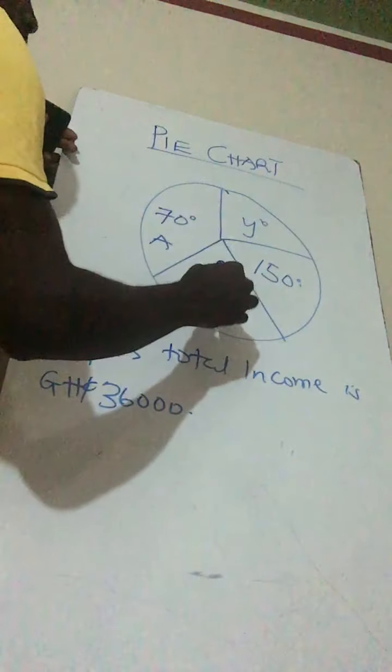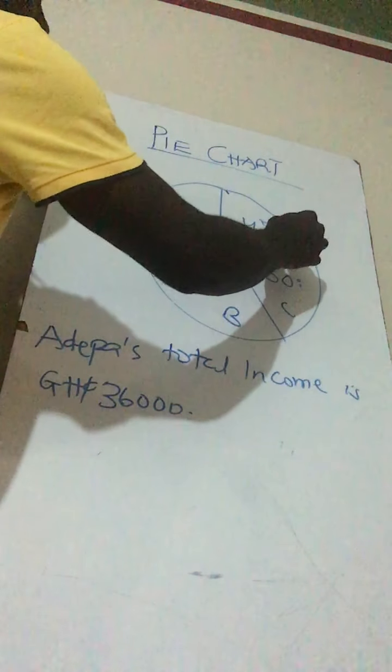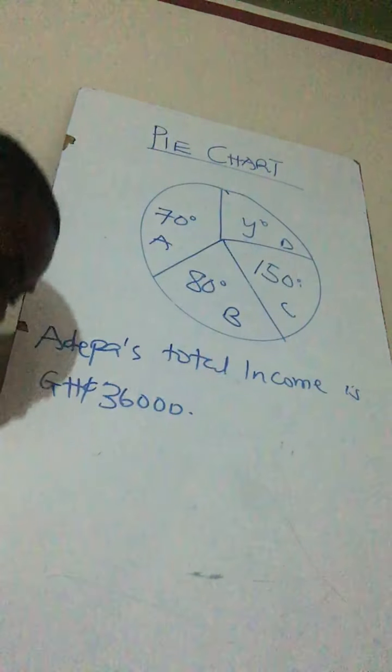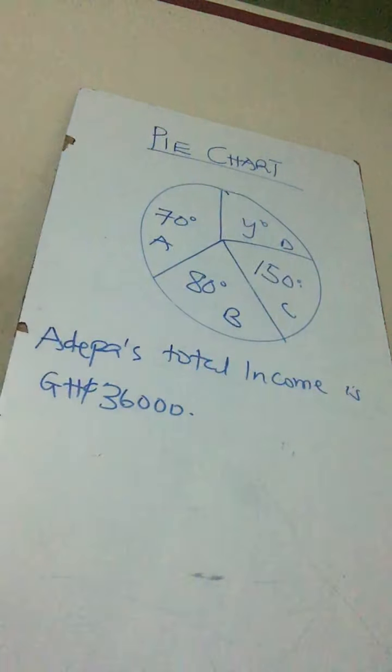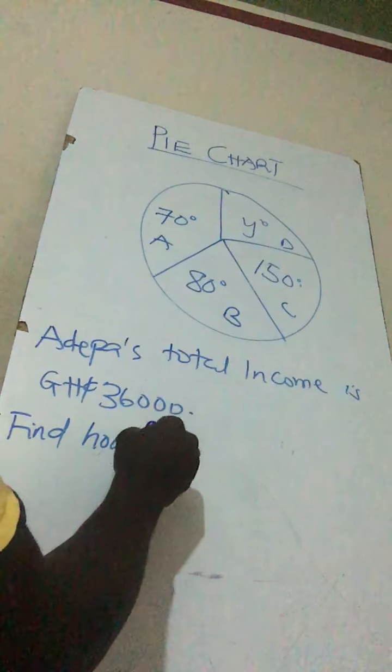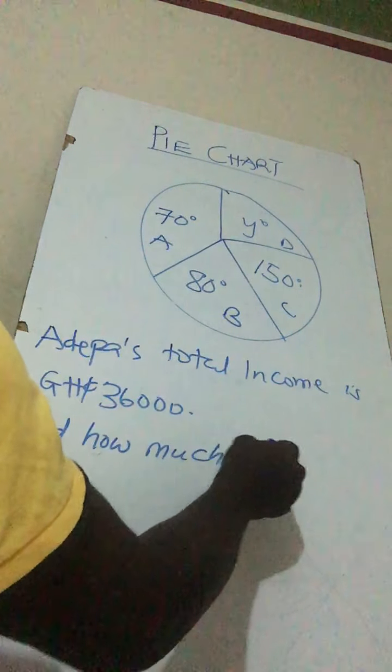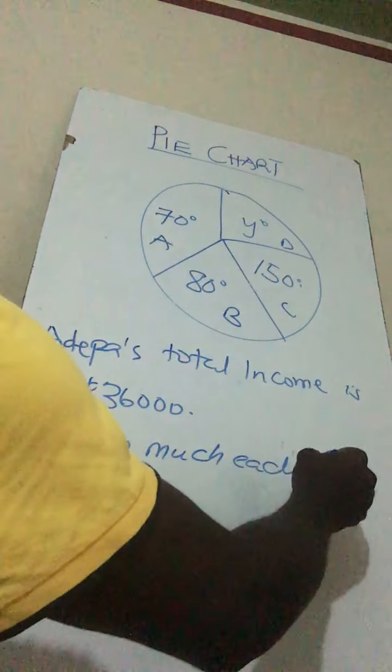Let's say this is A, B, C, and then D, right? And we say find how much each had.